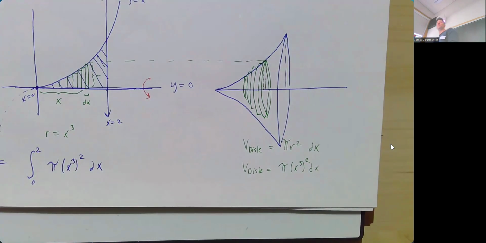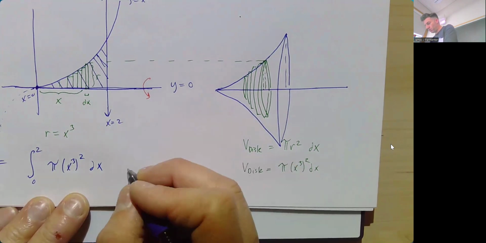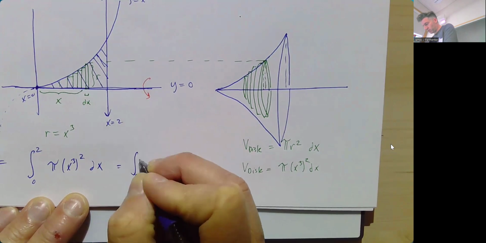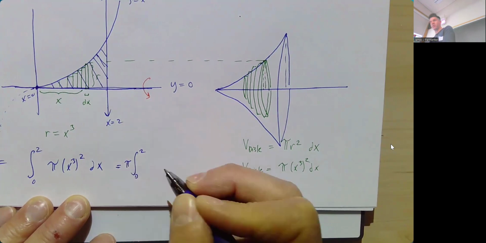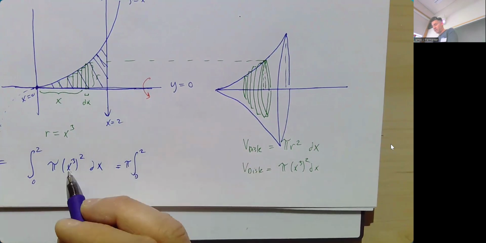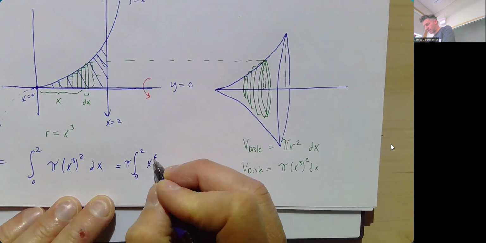The setup is usually the hard part here. The solving here is not terrible at all. We're going to do the integral from 0 to 2. It's almost always the case that we like to pull this pi out in front, although it's by no means necessary. X cubed squared is x to the 6th.